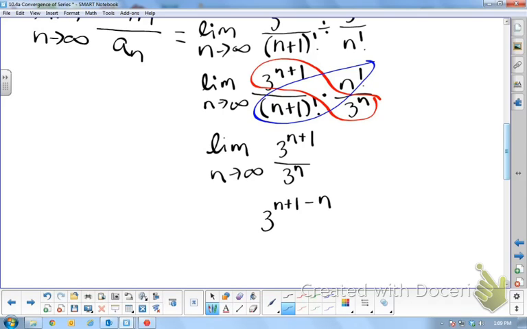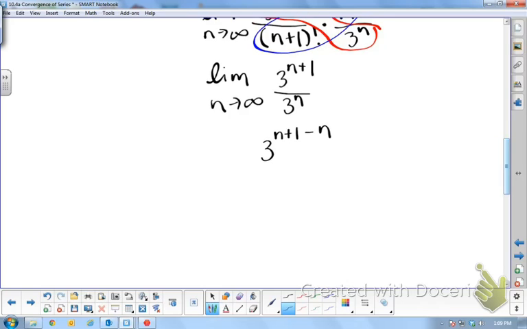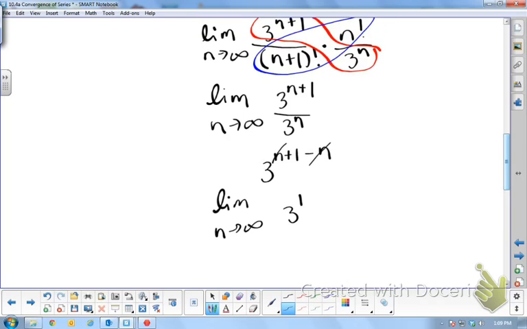And what's going to happen when we do that subtraction? Just 3 to the 1st, the n's cancel. We still have the limit out front. 3 to the 1st. So now we have to worry about how do we cancel our factorials.